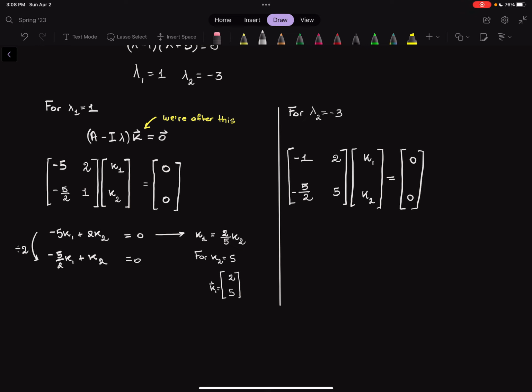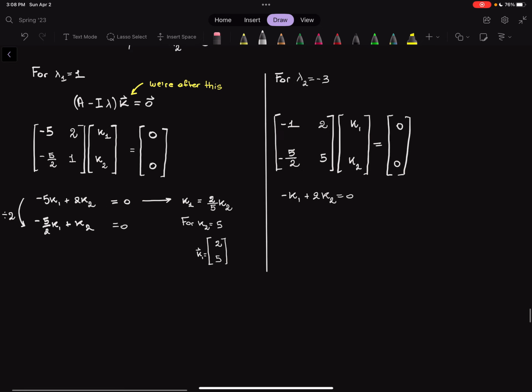So we can just use the top one and say -K1 plus 2K2 equals 0, which means that K1 is equal to -2K2. So for K2 equals 1, K1 is equal to -2, which means that our K2 vector is going to be equal to this.